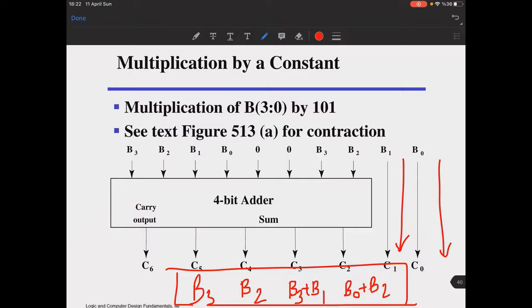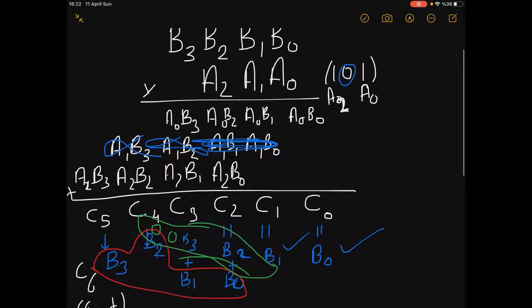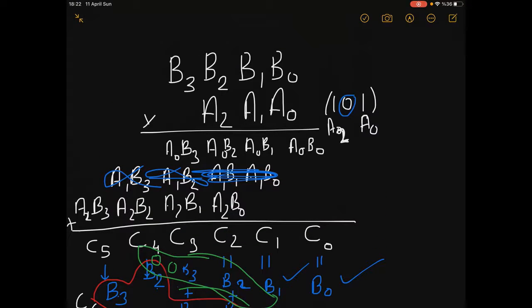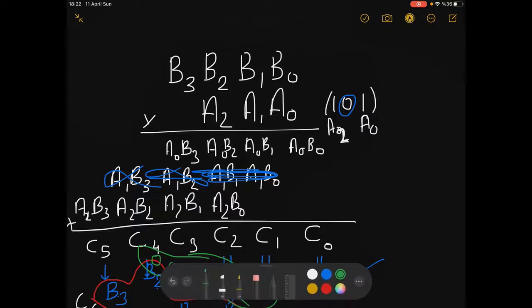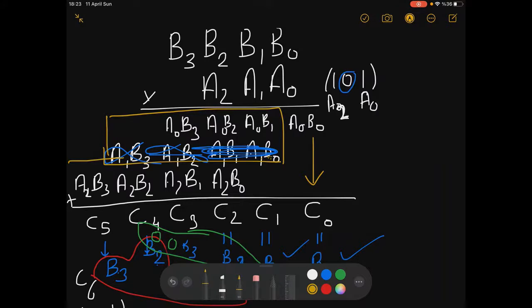This is the contracted form of this multiplier. In fact, normally if you want to have this structure as a full circuit, you need to have 2 levels of binary adders, right? Let me show this to you. For this one, you need a full adder level. This can come directly, it's okay, but for this one you need a full adder.